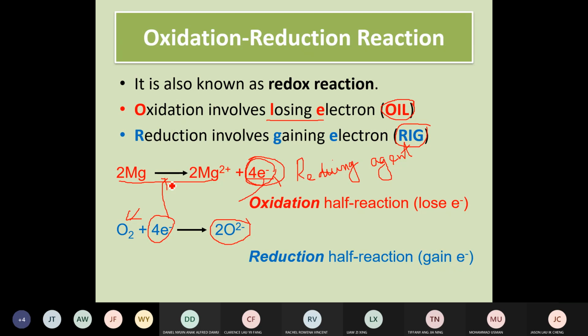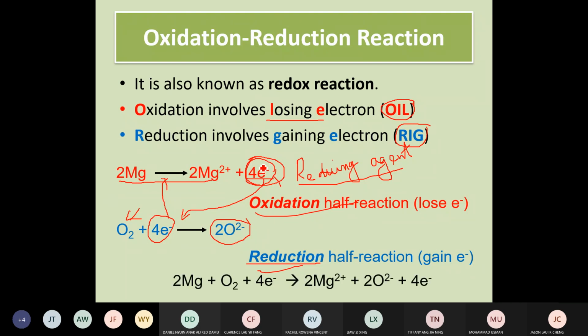And this one is giving electrons to someone and helping others to be reduced. So this is a reducing agent where oxidation is happening, and where reduction is happening is a good oxidizing agent. So this is inverse, right? That's the opposite. We need to remember this so our life will be easier.